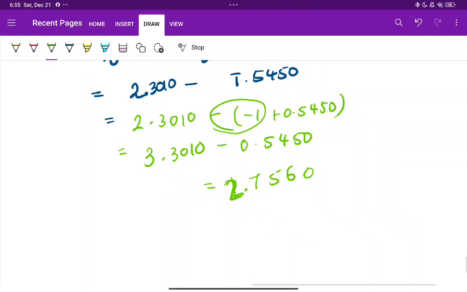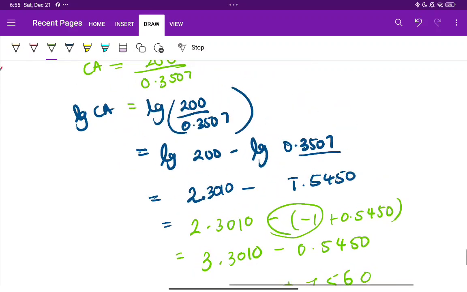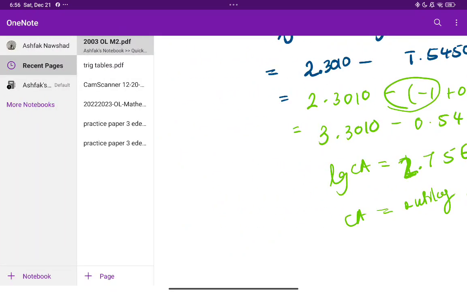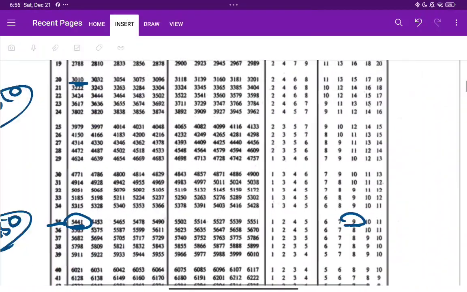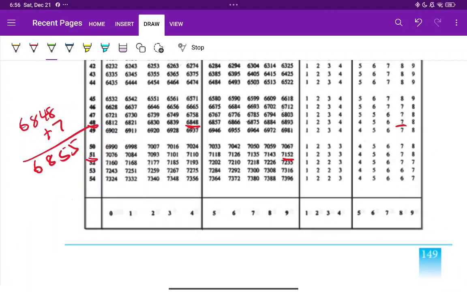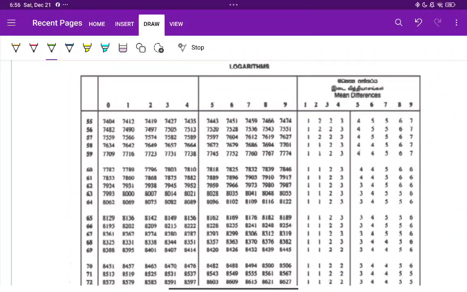Now this is log of CA. We have to find CA, which is the antilog of 2.7560. So now I'll have to find the antilog of 7560. We have 7559, that is 570, and we have 1 at 1, so 570 and 1.